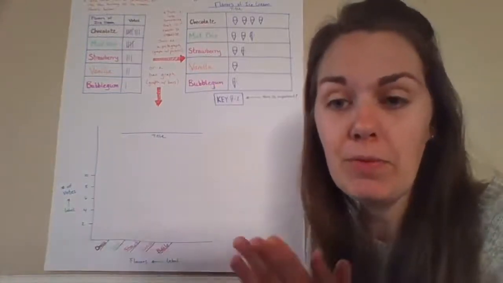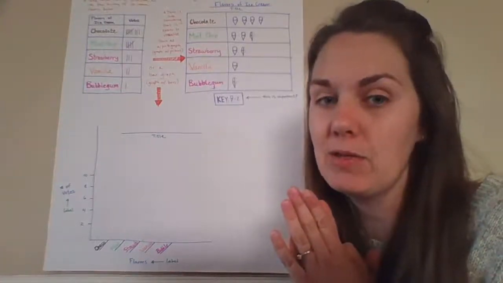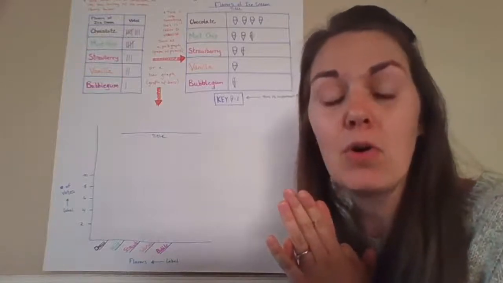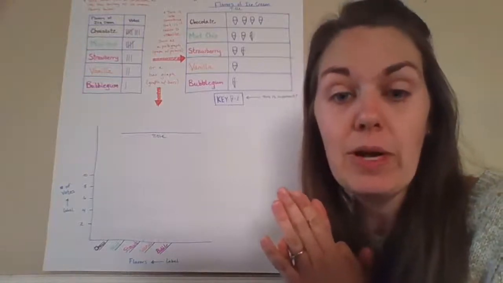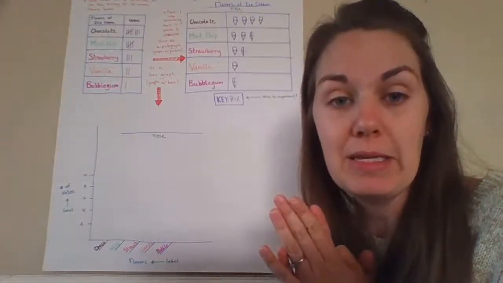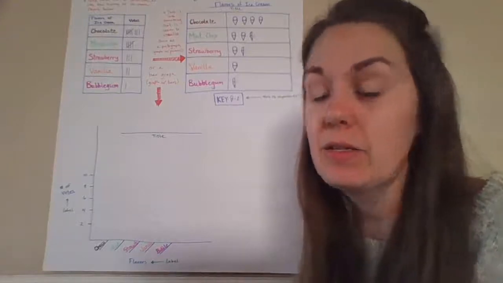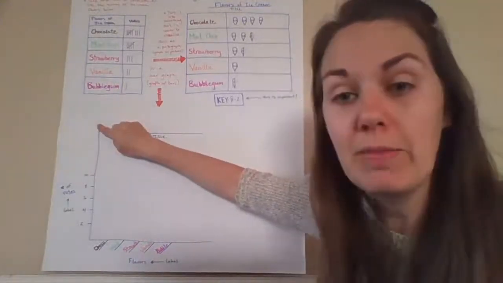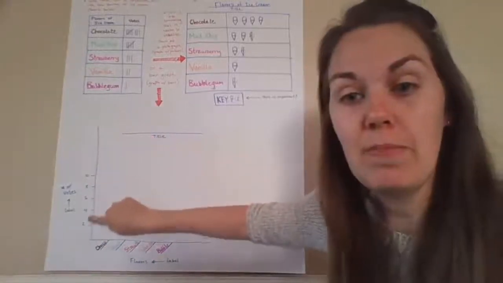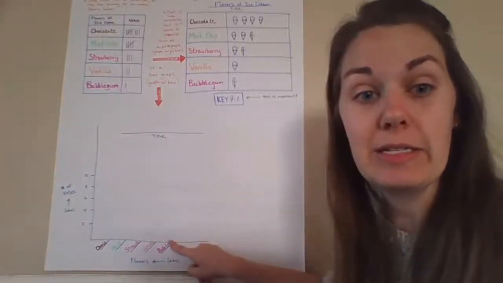So before we even get into that, though, I want to talk a little bit about some fifth grade math. So you guys are going to get a preview of fifth grade and middle school math talking about coordinate planes. So a coordinate plane is a fancy math term that means that you are looking at things on a grid. And so in coordinate planes, you have a y-axis, which goes up and down, and you have an x-axis, which goes side to side.